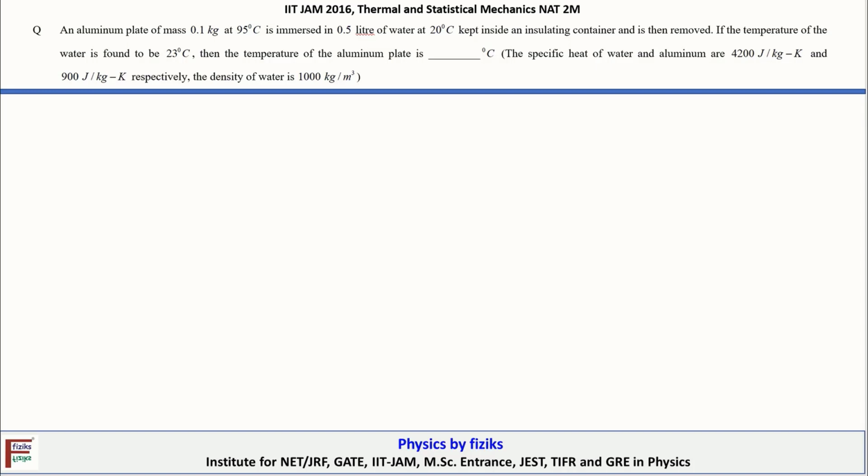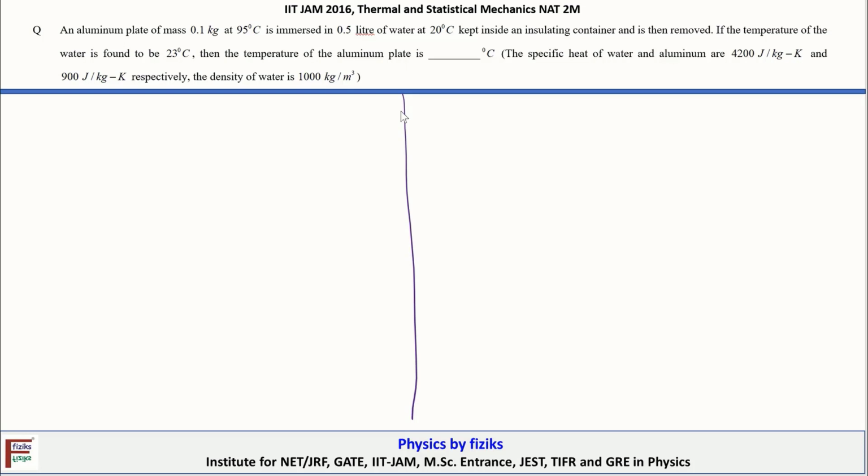The statement is: an aluminium plate of mass 0.1 kg at 95 degrees Celsius is immersed in 0.5 liter of water at 20 degrees Celsius, kept inside an insulating container, and is then removed. If the temperature of the water is found to be 23 degrees Celsius, then the temperature of the aluminium plate is ___ degrees Celsius.